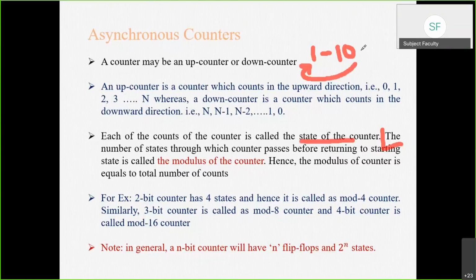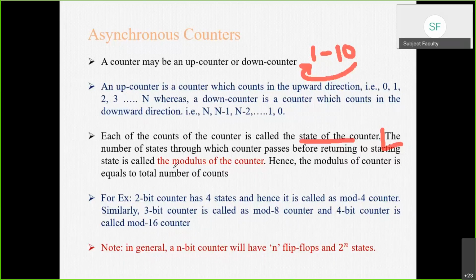How many states is it counting from 1 to 10? So each count we have called a state. So total 10 states it is counting. So the modulus of this counter will be 10, and this counter will also be known as mod 10 counter.